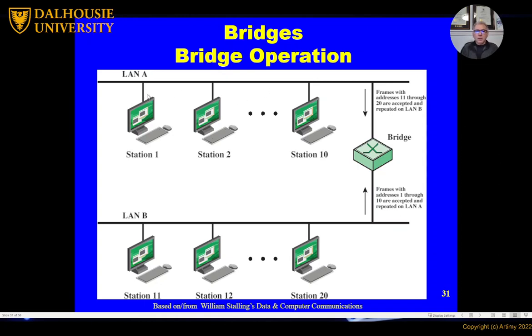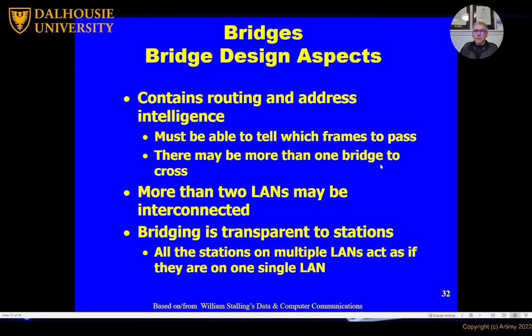What if station 1 sends something to station 10? Will the bridge pass it to LAN B? Yes, it will, right? If we look at this basic operation, if station 1 sends something to station 10, the bridge will pass it to LAN B, even though station 10 is in LAN A and nobody will need it in LAN B. So this simple mechanism needs a little bit of adjustment to make sure that the bridge doesn't forward packets unnecessarily to other sides, right?